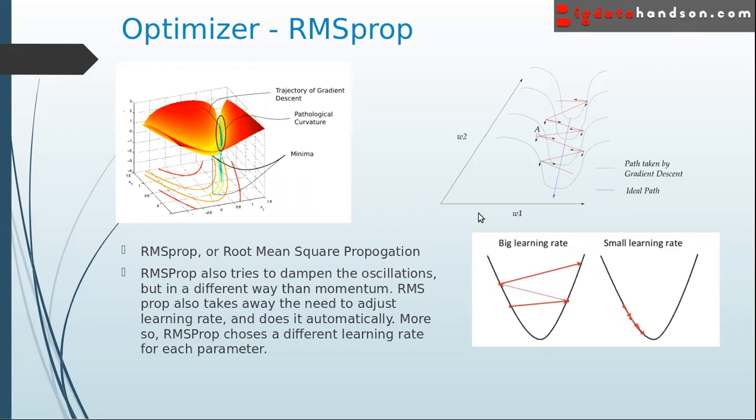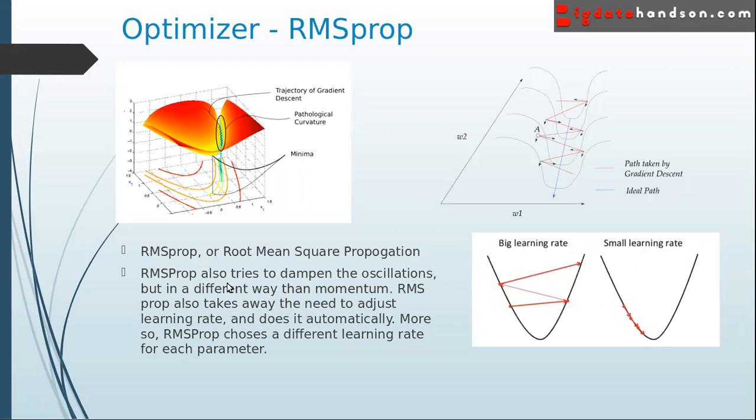Initially it will have a big learning rate. It jumps very quickly, and when it is going to reach the global minimum error, it decreases to a small learning rate and then decreases with small values. So we can achieve the global minimum error in the fastest way.